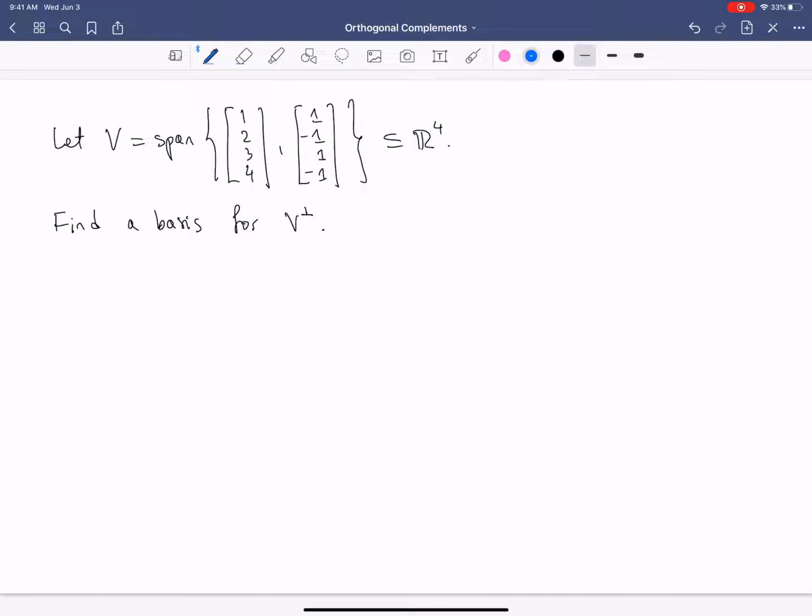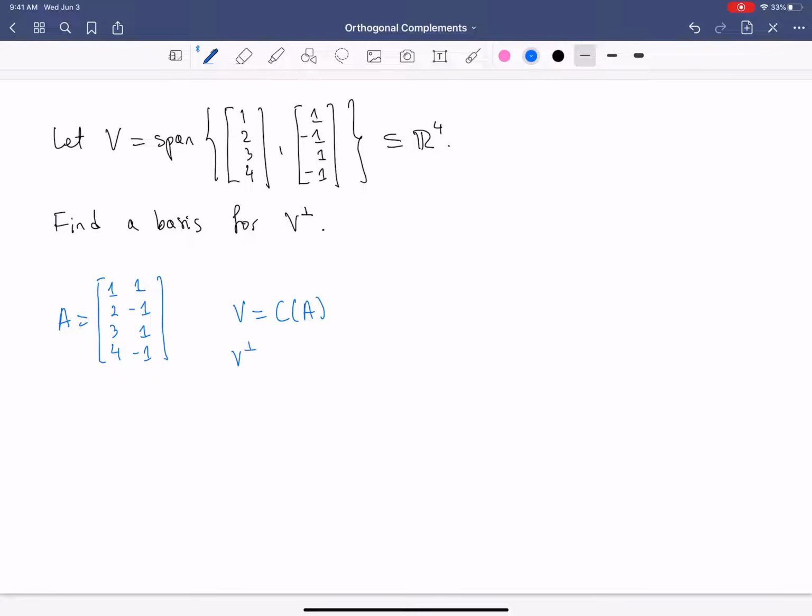So we could very well take a matrix A, this is different from the previous one, where we put these two columns as the columns of A.